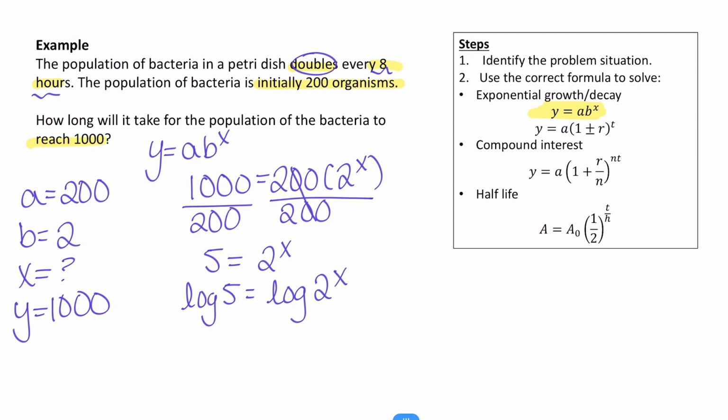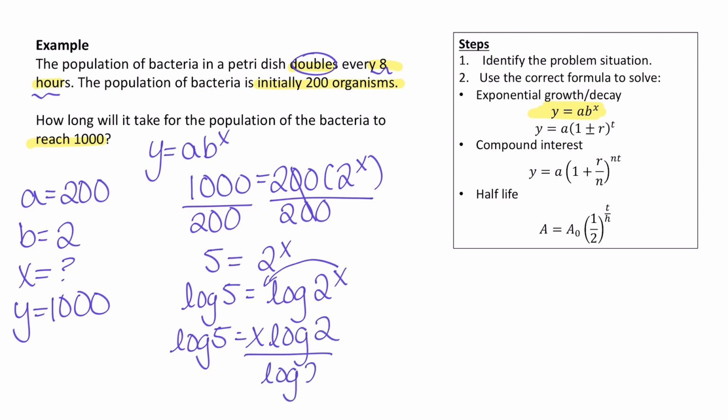So now what we can do is use that power property to bring that x down in front, right? So this is going to be the log of 5 equals x log 2. And so we can divide both sides by the log of 2 in order to solve for x. Okay, so the log of 5 divided by the log of 2 equals x.